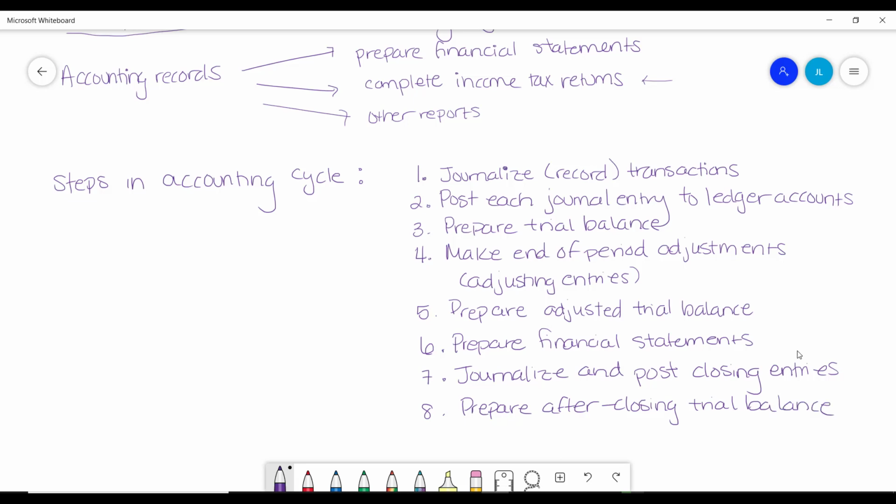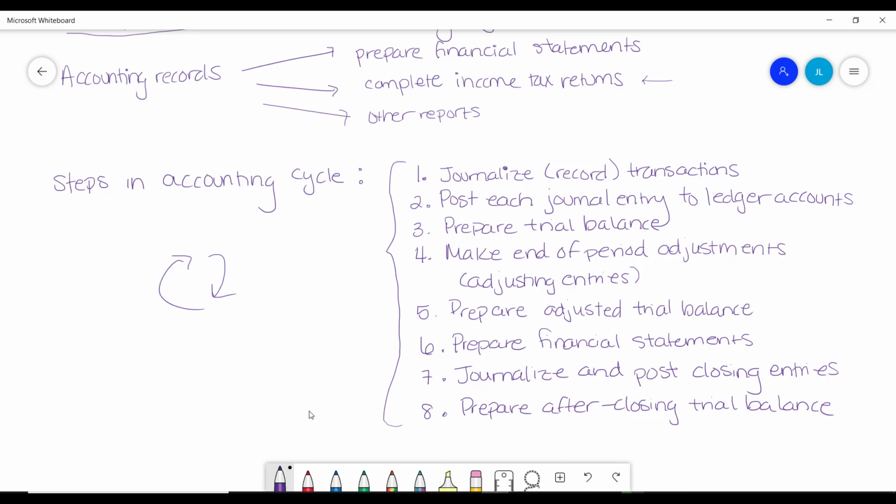So in a nutshell, those are the steps of our accounting cycle. Once we finish Chapter 5, we will have learned how to go from step 1 all the way through step 8 successfully. Steps 1, 2, and 3 we'll be able to see within this chapter. Steps 4 and 5 are covered in Chapter 4 and also 6. And the last 2 steps will be covered in Chapter 5.